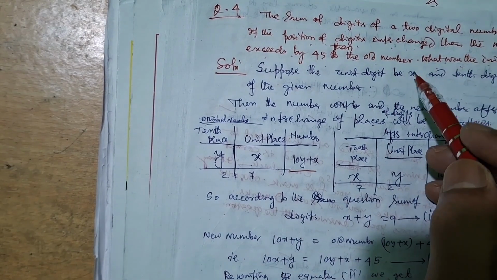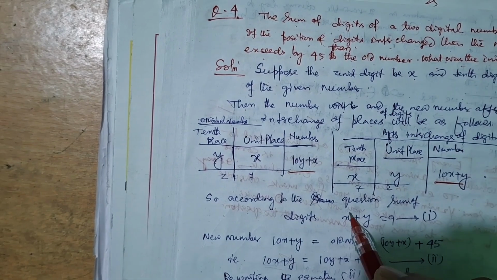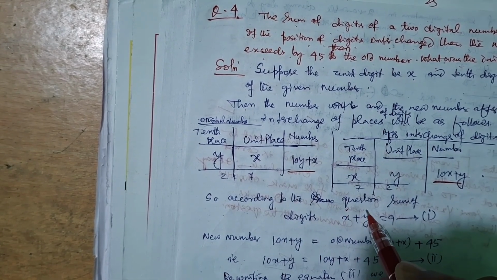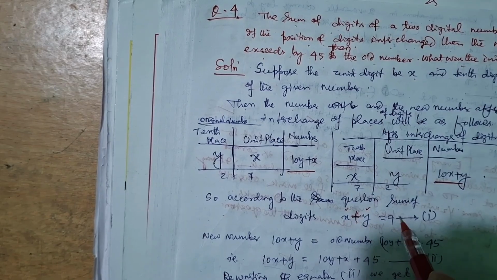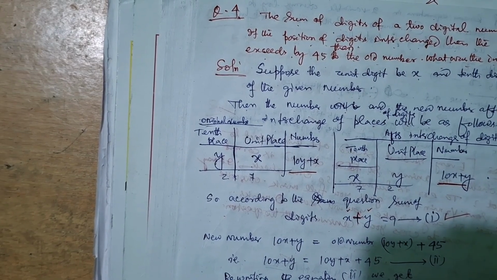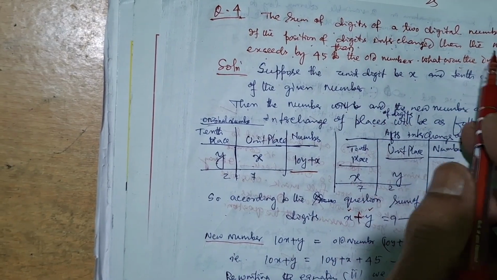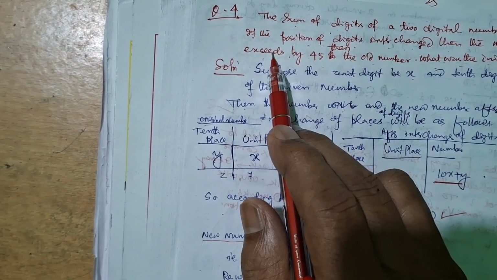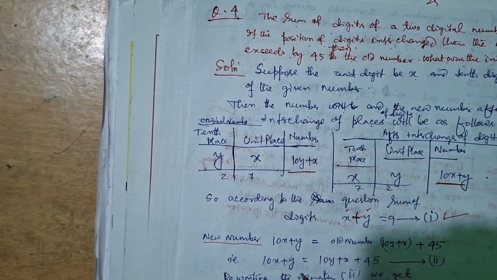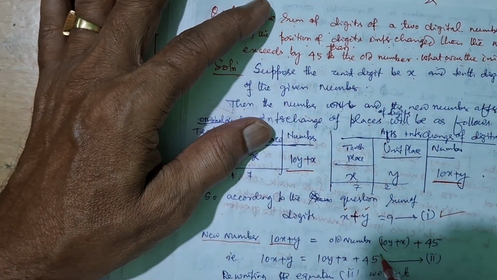According to the question, the sum of the digits, one digit is x and the other digit is y, so their sum is 9. This is equation number 1. The other condition is about the new number. The new number exceeds the old number by 45. That means there is an excess. How much excess? 45 excess.